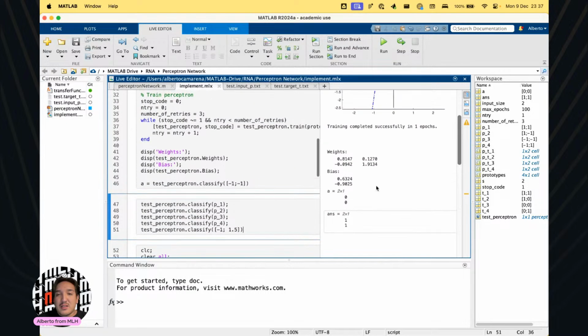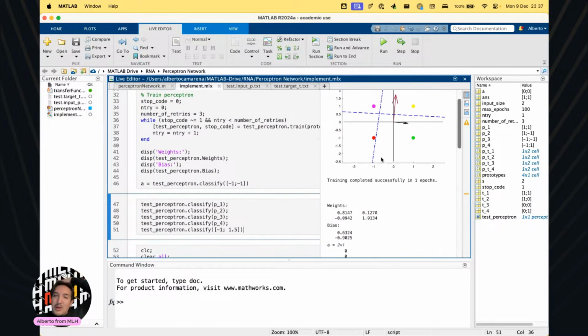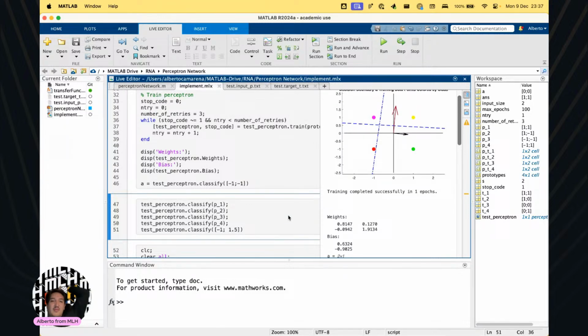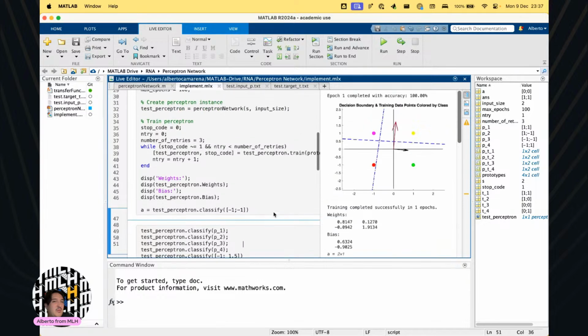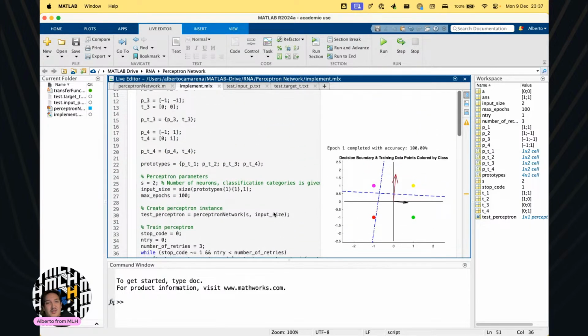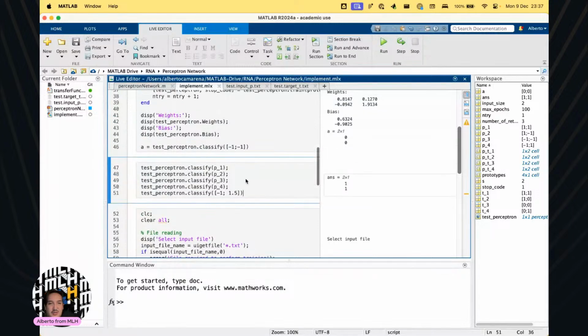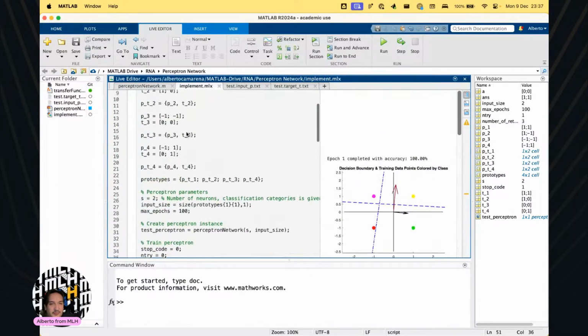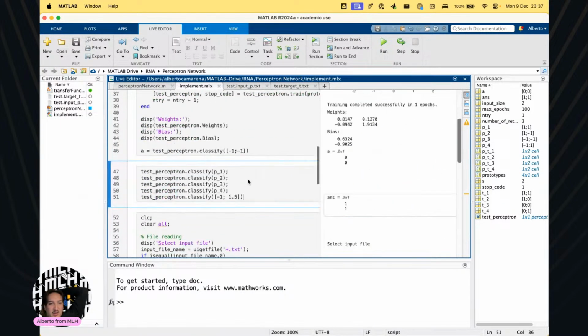But since this was already closed, one thing I can do is try to replicate this value, minus 1 1 instead of 1.5, to see if this classification is correct.